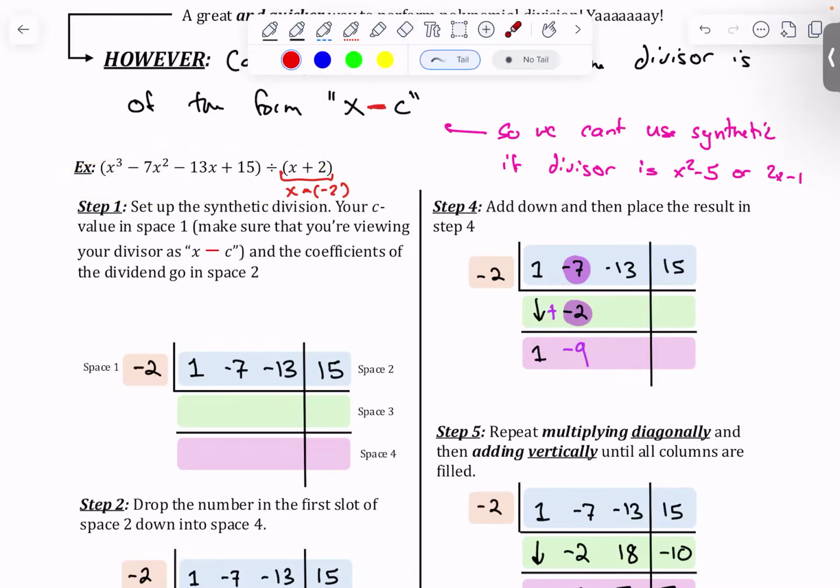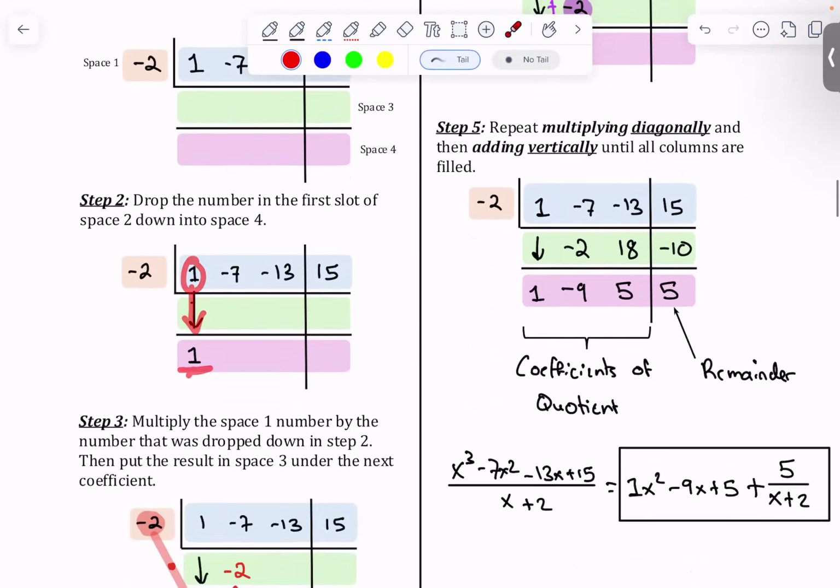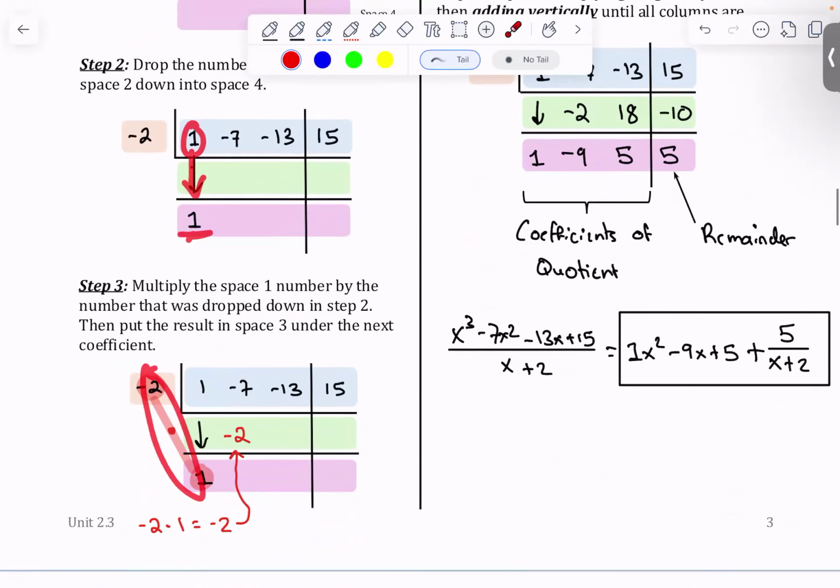The way it gets set up is you write your c value here and the coefficients of all of your dividend up here, with your constant term right after the vertical bar. The first step is to bring down the first term, and then you multiply the terms together and put them in the next spot in the green space.